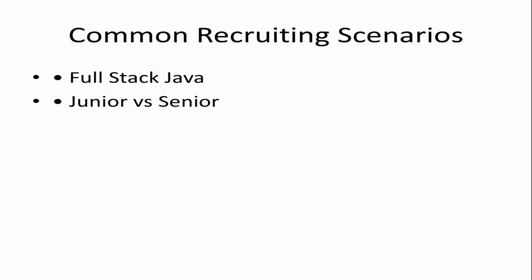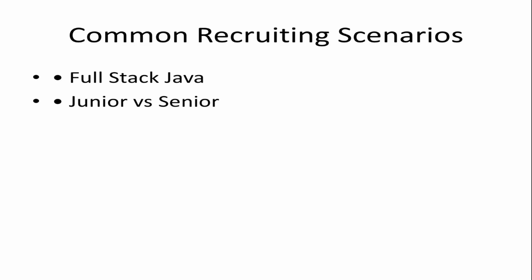The common recruiting scenarios: you may get a full stack Java developer role, you may get a junior Java developer role, you may get a senior Java developer role. For full stack Java developer roles, Java almost always refers to backend work. Front end technologies are usually separate, like React, Angular, JavaScript. These are the front end technologies. When evaluating seniority, focus on scope and responsibility.